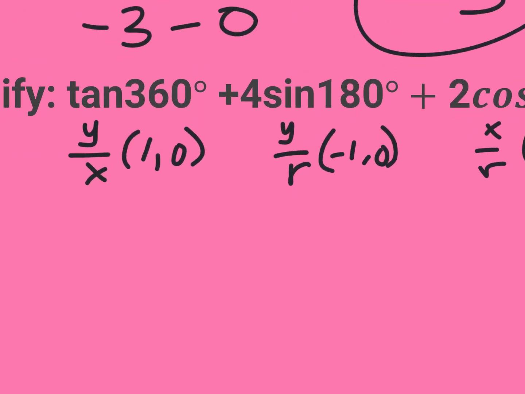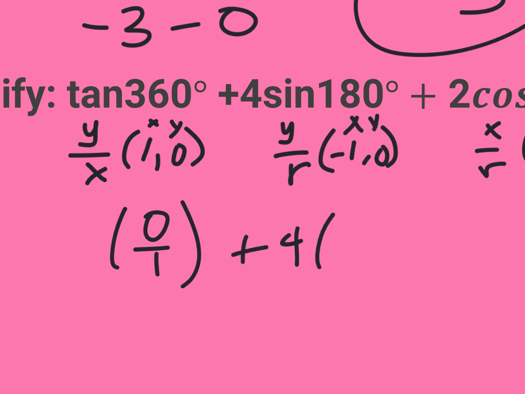So let's just write what we have here. Tangent is Y over X. So I'm going to say 0 over 1. You guys with me? Plus 4 times sine is what over what? Y over R. So my Y is 0.